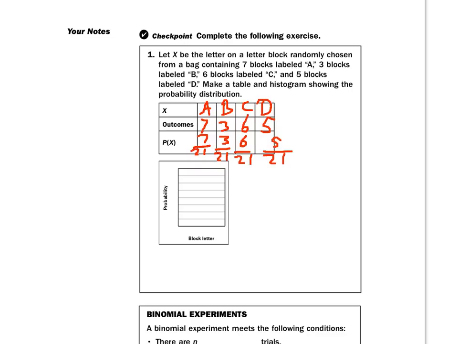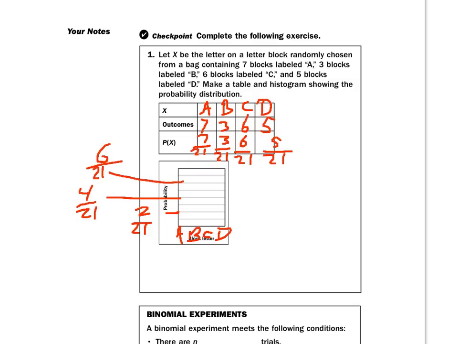So what I'm going to do on my little table here is I'm going to just do these by 21s. Okay, I'm going to have my A, my B, my C, and my D, and this is going to be 2 21sts, and this is going to be 4 21sts, and this one's going to be 6 21sts.